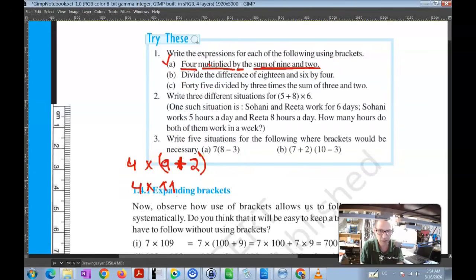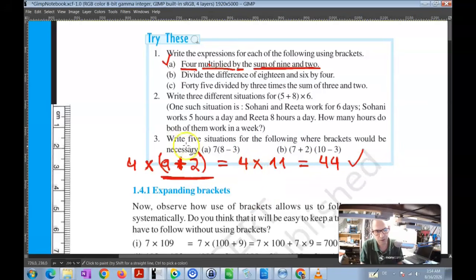Because there is a bracket, and the bracket gets the first priority, first I'm going to have to evaluate the bracket, and then I will evaluate the multiplication sign. So I will write this as 4 times 11, which is equal to 44. Okay, so that's basically that.